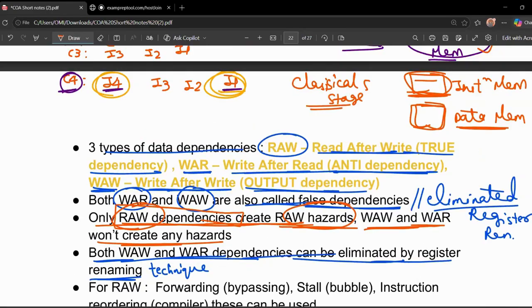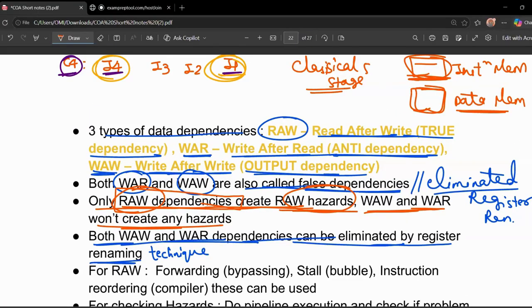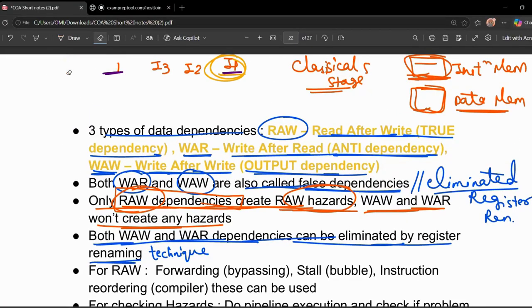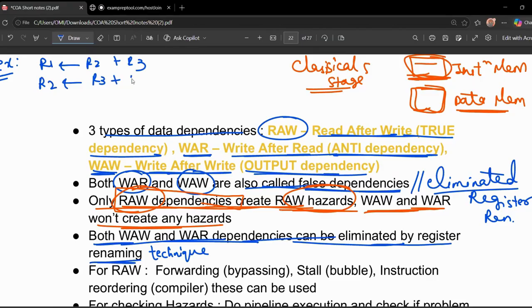Now, maybe I can give one example here. Let's say R1 is R2 plus R3. Then R2 is R3 plus R4.